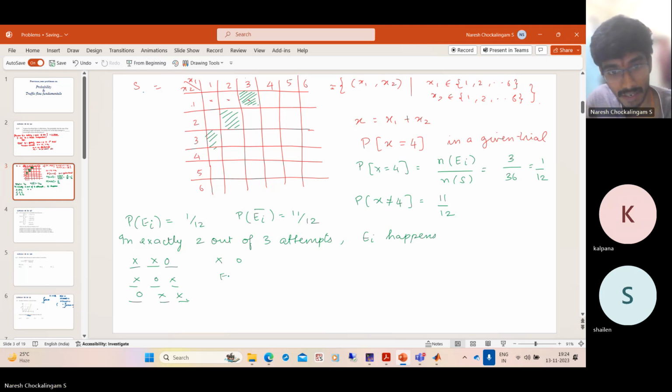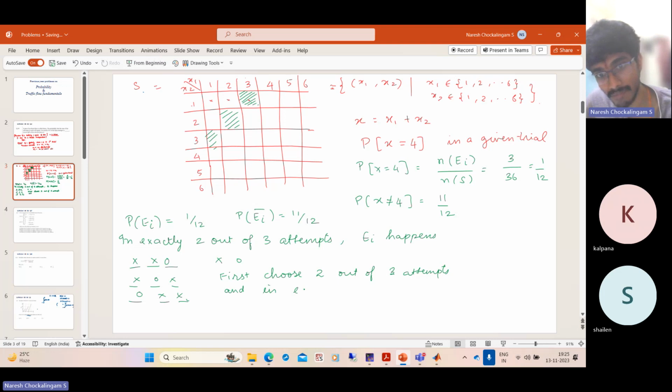So what is the thing? First, choose 2 out of the 3, and in each of them E_i happens, and in the other one E_i does not happen, E_i bar happens.